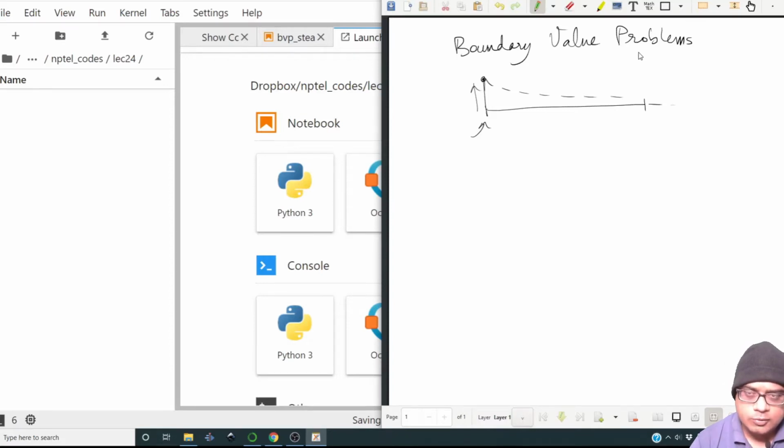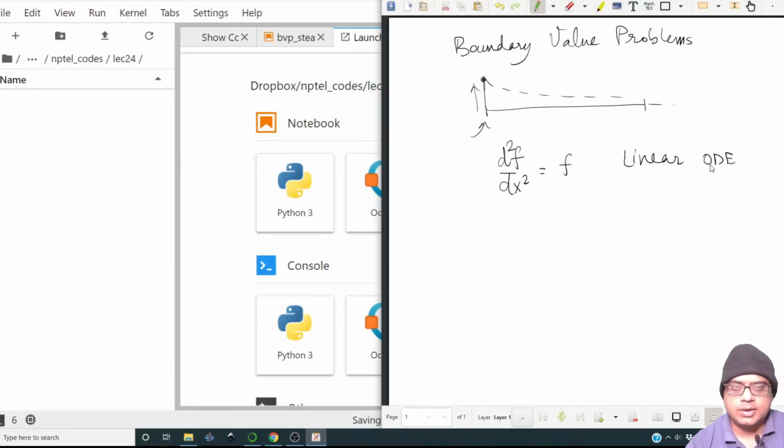So without any delay, let us look at a particular very simple boundary value problem. d2f/dx2 is equal to f. So it's a linear ODE, and we have to define over what domain this particular equation is valid.